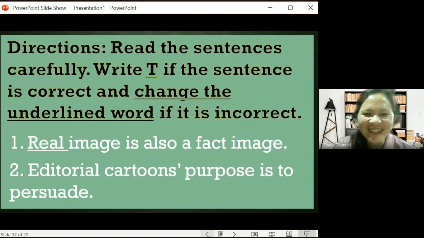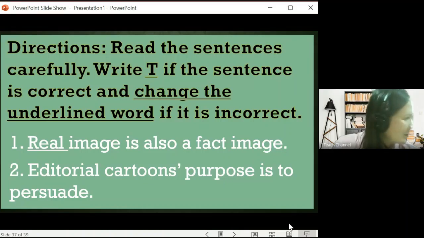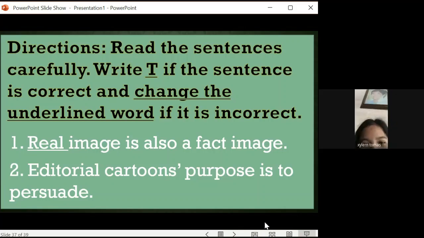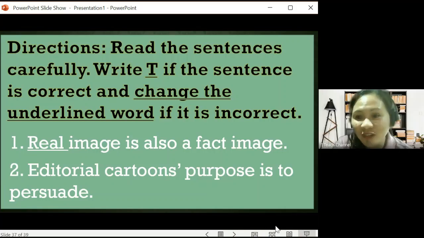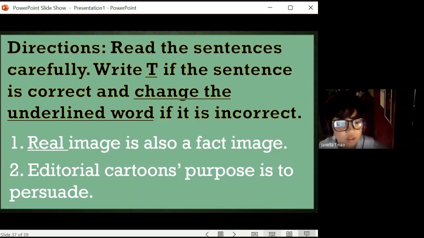Okay, so let's answer. Number 1, please read and answer. Real image is also a fact image. Yes, very good. That's T. Number 2, Janella. Editorial cartoons purpose is to persuade. Entertain po.